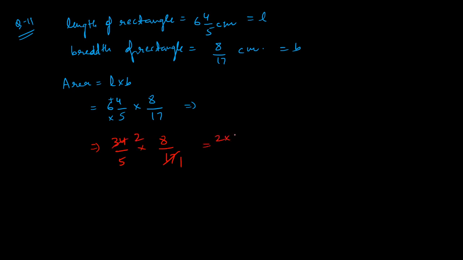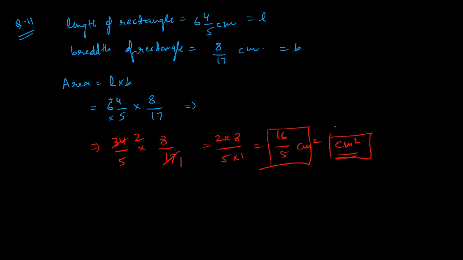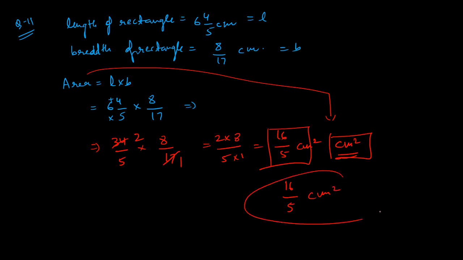So 2 into 8 upon 5 into 1. 8 twos are 16 over 5 ones are 5 centimeter square. Okay. Now centimeter square, students, is the unit which we will use here. So centimeter square is the unit of area. Okay. So your answer is 16 upon 5 centimeter square.